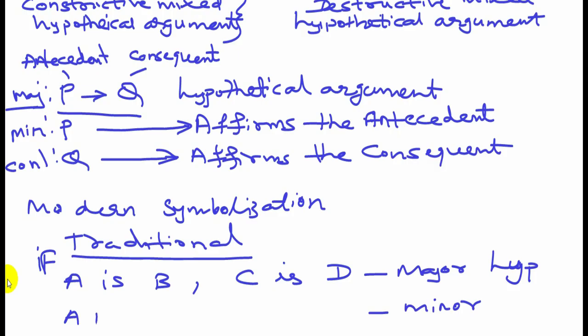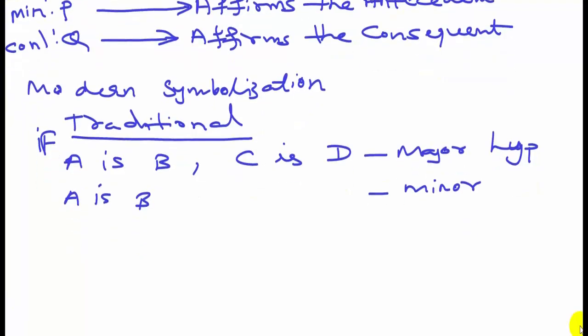So minor says A is B, and then the conclusion will affirm, therefore C is D. So this is the traditional way of writing, and the modern way was as I showed above. The traditional symbolism is not preferred.